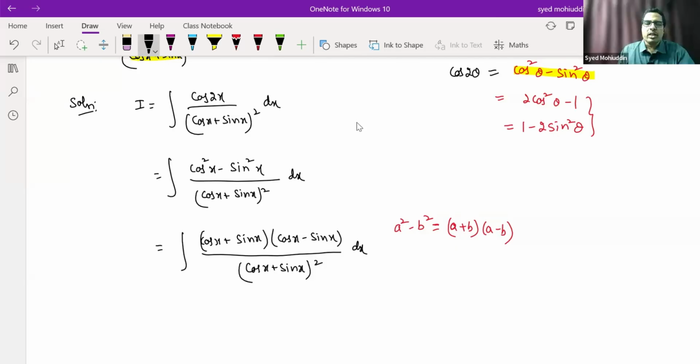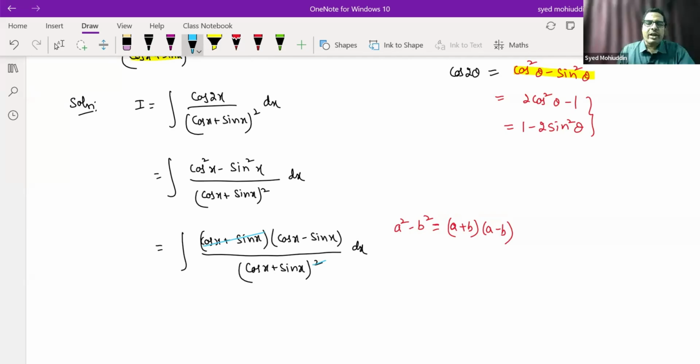Now you can observe that one cos x plus sin x in the numerator and one in the denominator will cancel out. So you are left with the integral of (cos x minus sin x) divided by (cos x plus sin x) into dx.